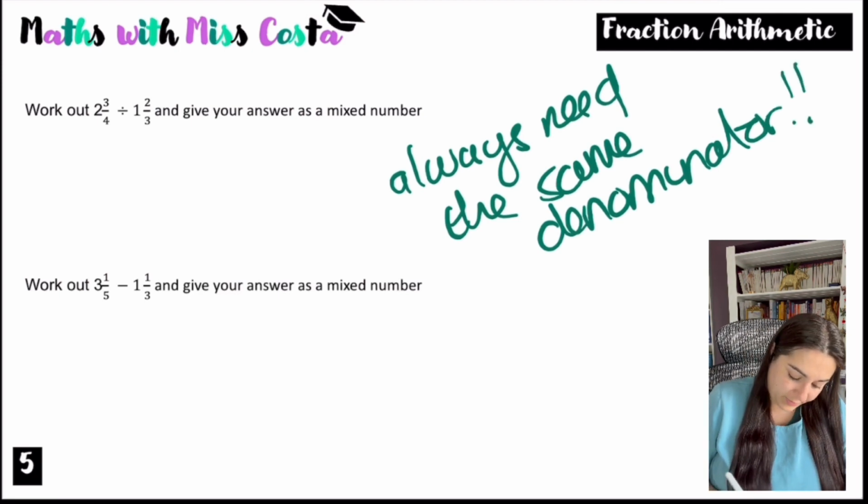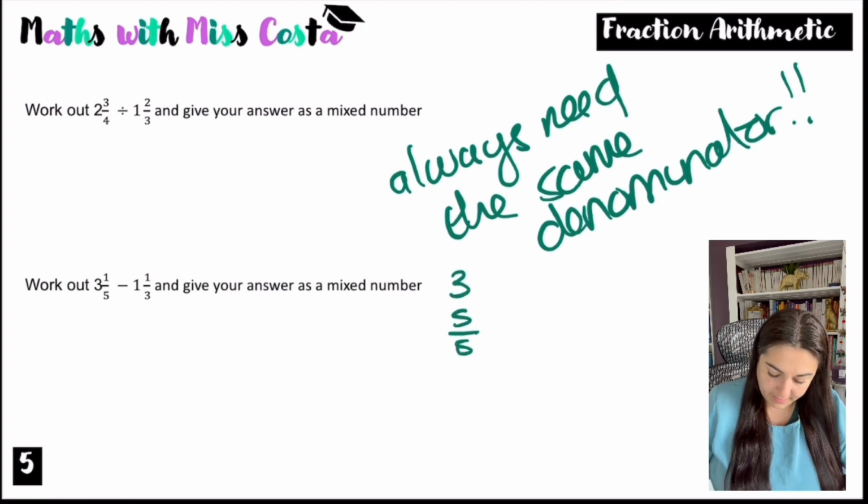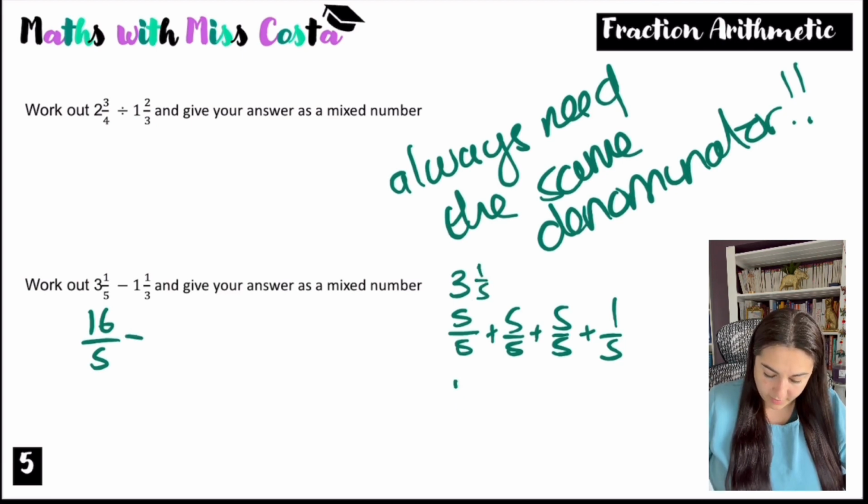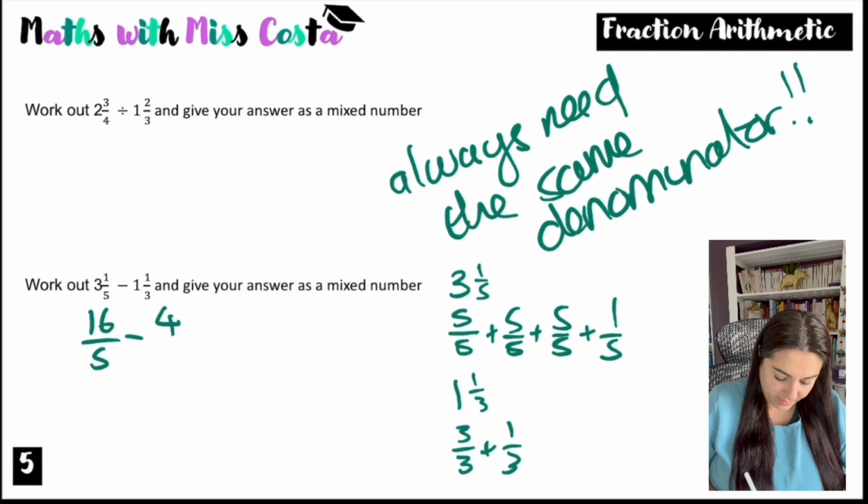So 3 1/5 means 3 lots of 5/5. So 5/5 plus 5/5 plus 5/5 plus a 5th. So that would be 16/5. Take away 1 1/3. So 1 1/3 would mean 3/3 plus 1/3. So that would be 4/3.